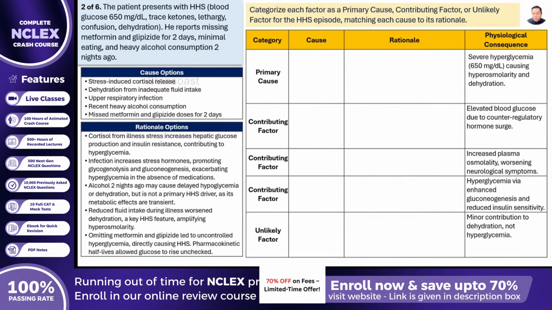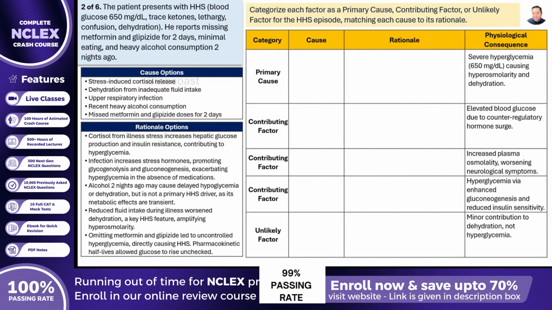Alcohol 2 nights ago may cause delayed hypoglycemia or dehydration, but is not a primary HHS driver as its metabolic effects are transient. And reduced fluid intake during illness worsened dehydration, a key HHS feature amplifying hyperosmolarity, and omitting metformin and glipizide led to uncontrolled hyperglycemia, directly causing HHS.